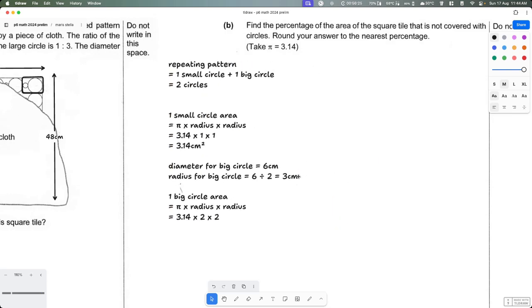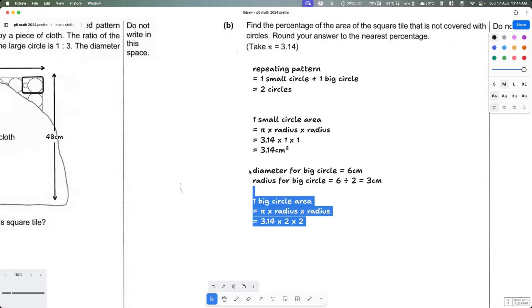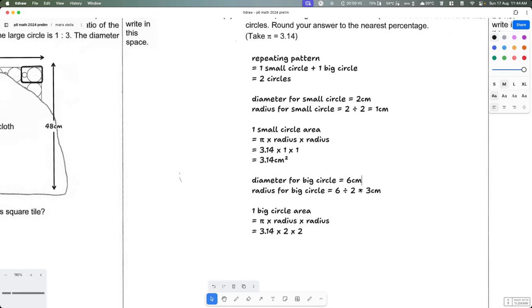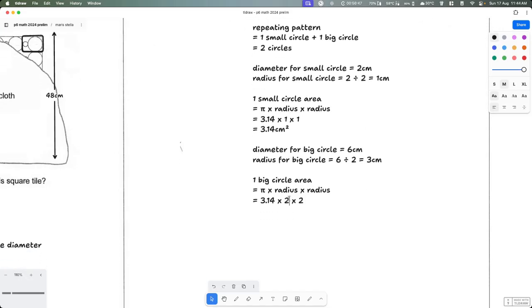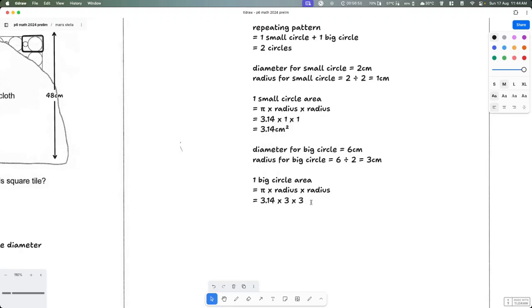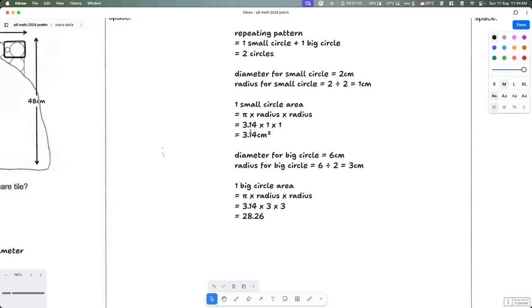Then the diameter for the small circle is 2, and the radius for the small circle is 2 divided by 2, which is 1 centimeter. Okay, so now with this we can calculate properly. So 3.14 times 9 is 28.26 centimeter square.